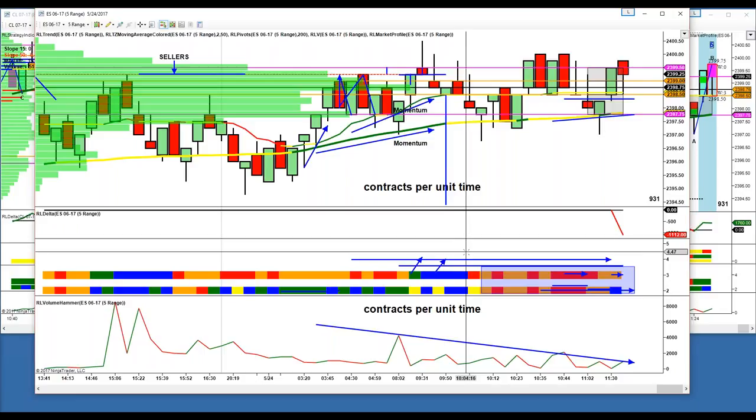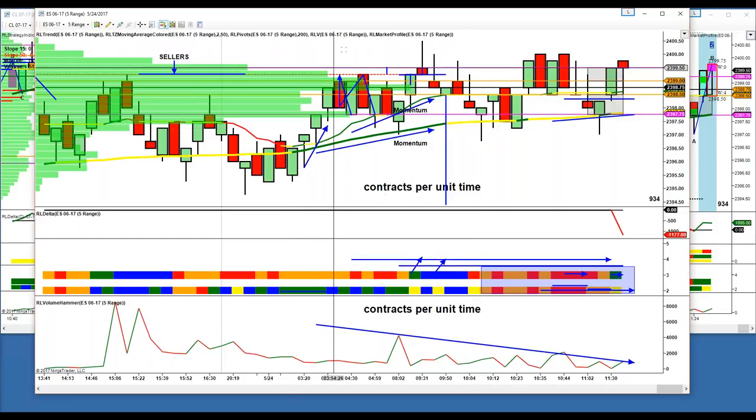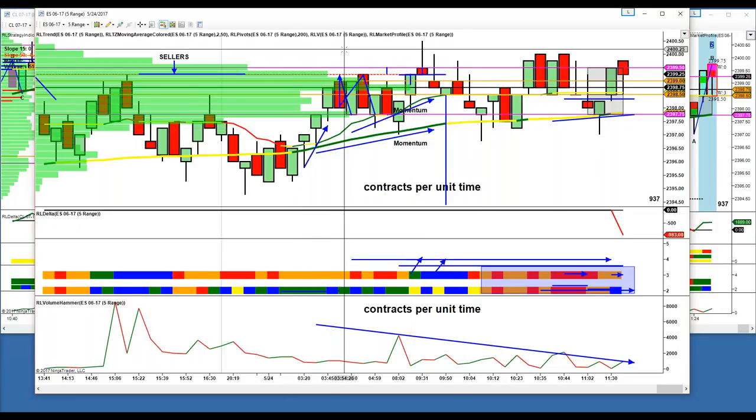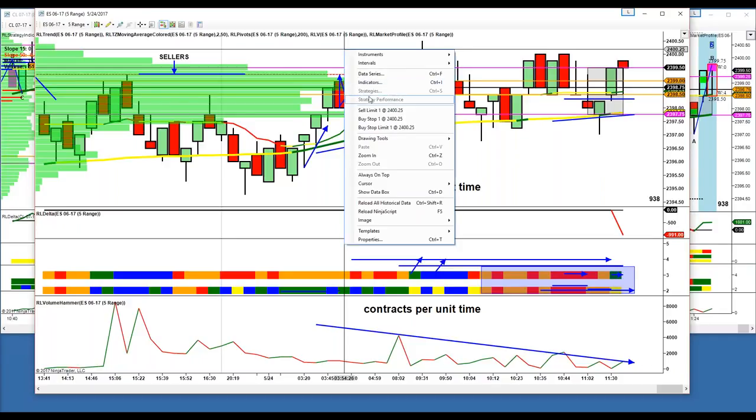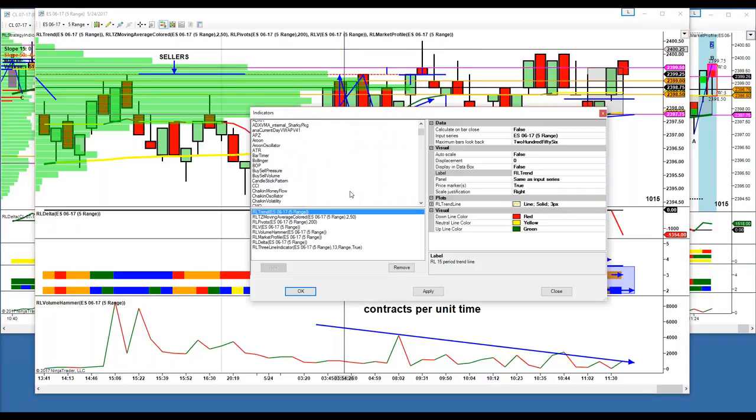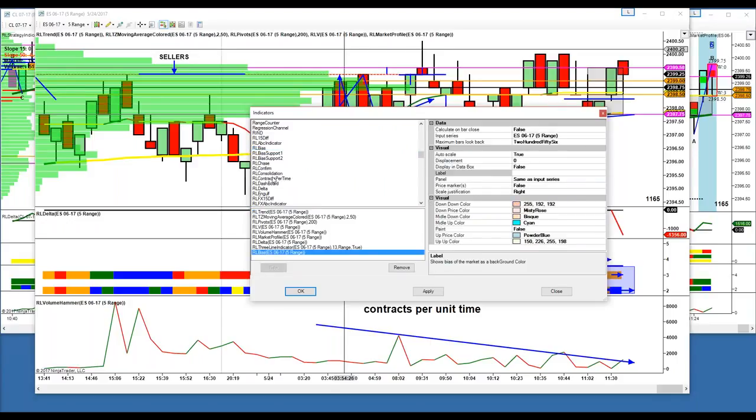Now, let's add some more. Let's add the background bias. The background bias, for some reason, I think is the most difficult to understand, but it's really a powerful indicator. Because everybody tells you you have to trade multiple time frames. And you do.